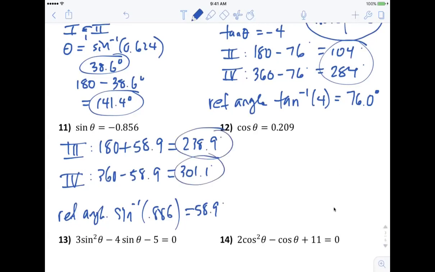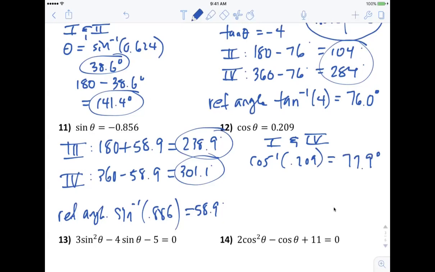Okay. One more, how about for cosine? Okay, cosine positive. Cosine is positive in quadrants 1 and 4, where the x value is positive, right? So I'm going to do cosine inverse 0.209. Cosine inverse 0.209 is equal to 77.9 degrees.